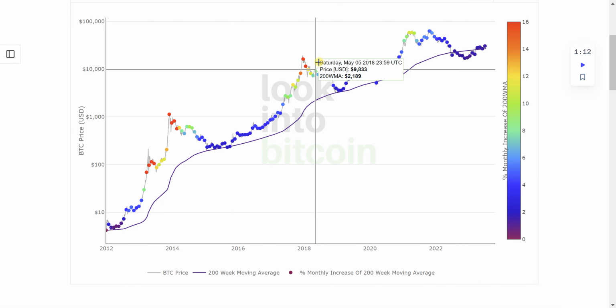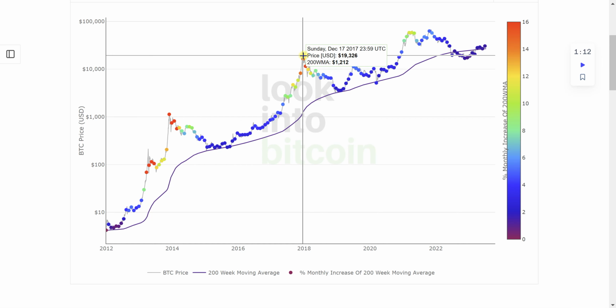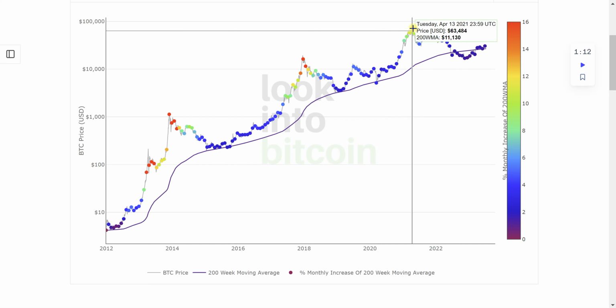This looks like it's 16% above, actually this is 16x, I think. Yeah, the 200-week moving average was at 1,200, and the actual price of Bitcoin was at like 19,000. So it's about 16x above the actual moving average.